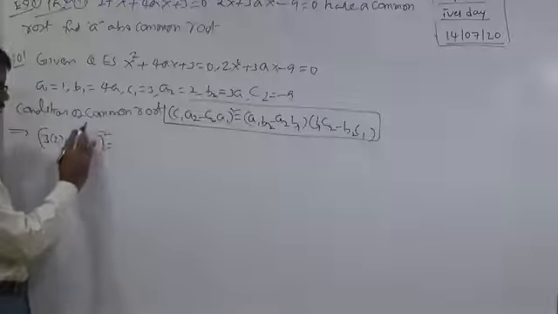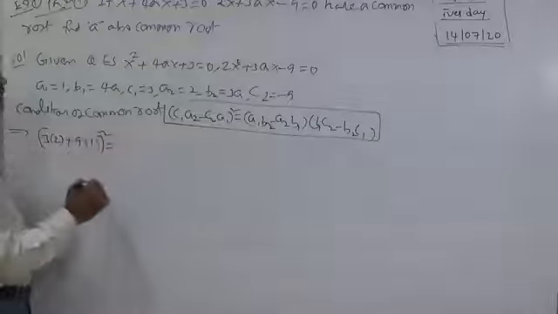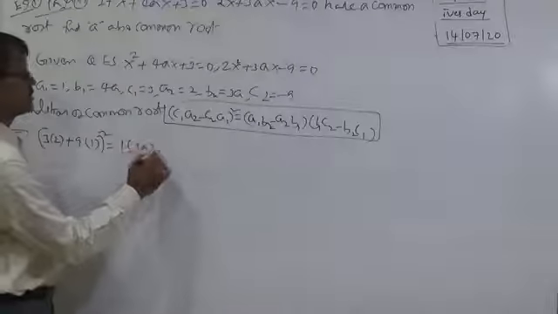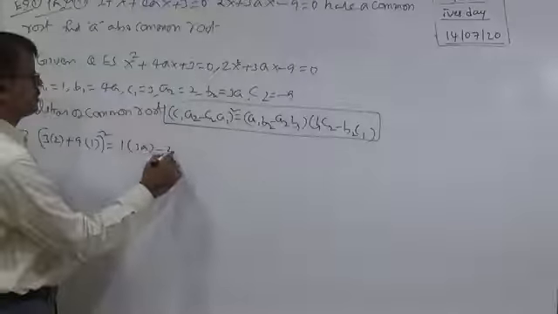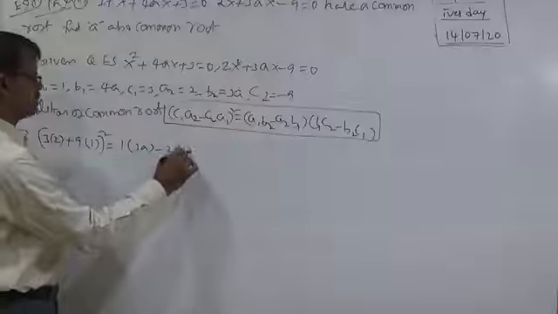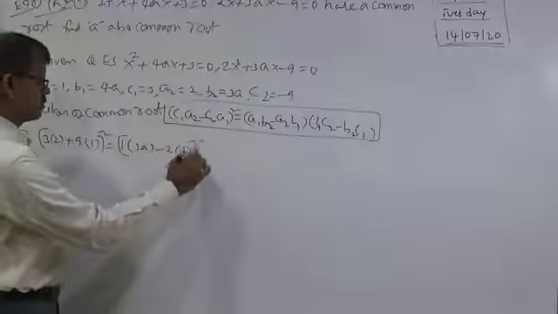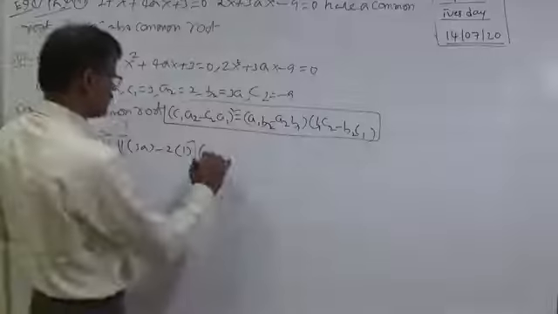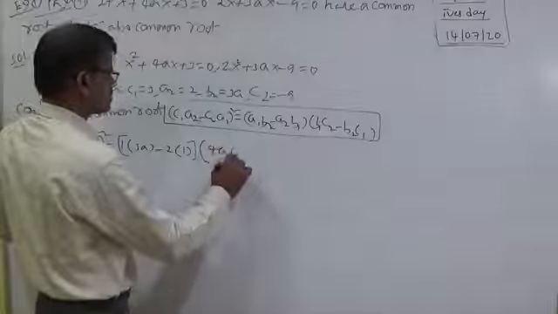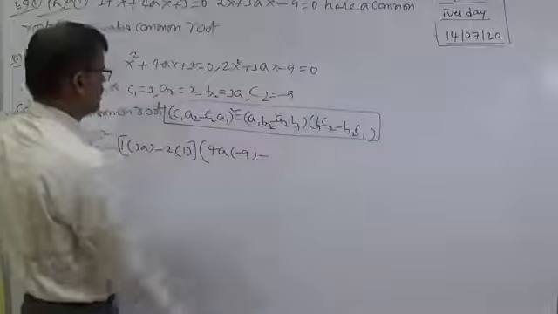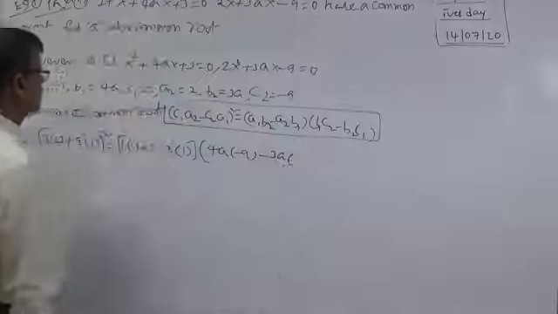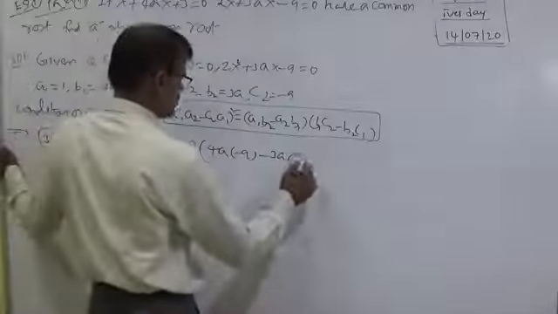On the right, a1b2 is 1 into 3a, minus a2b1, which is 2 into 4a, into b1c2, 4a into minus 9, minus b2c1, 3a into 3.